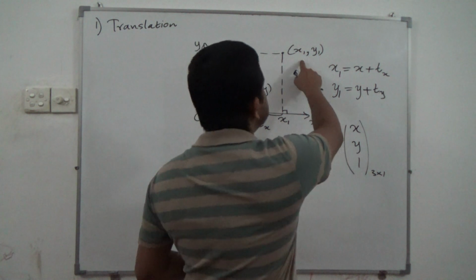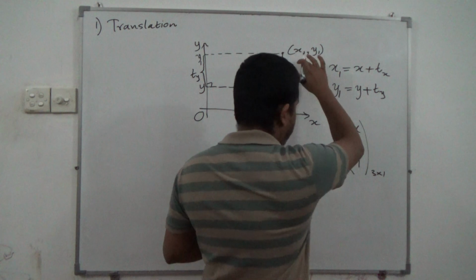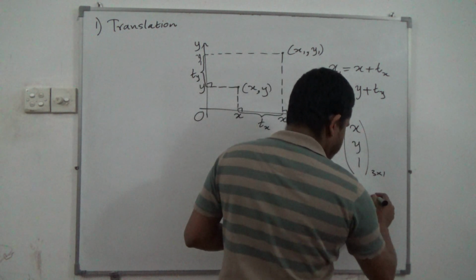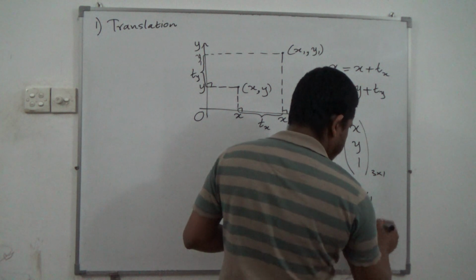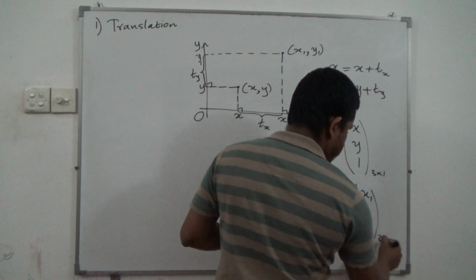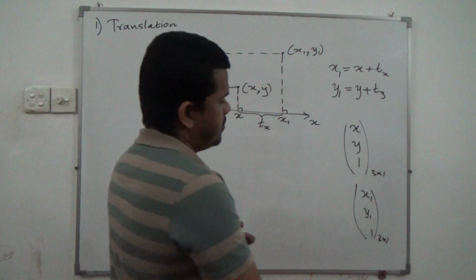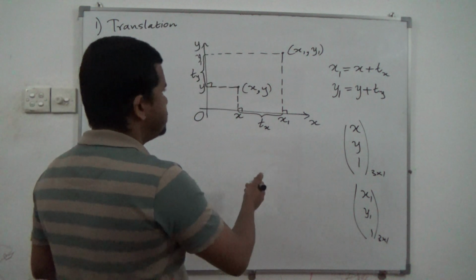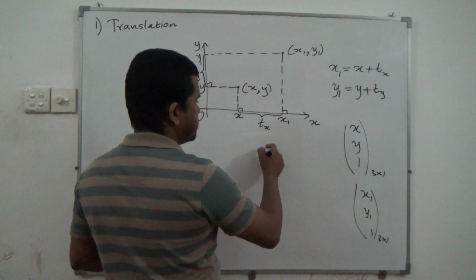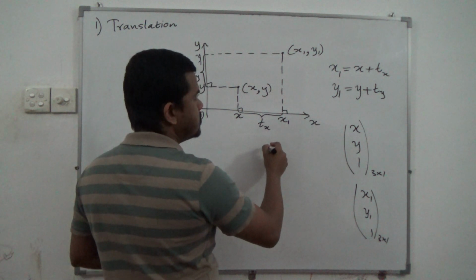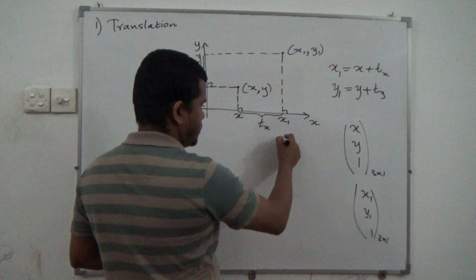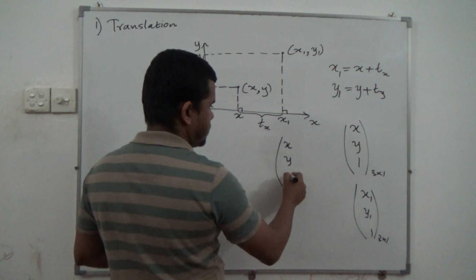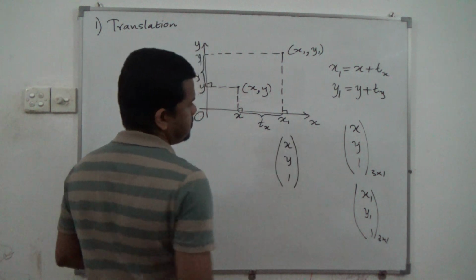And then this coordinate, we can write down as y1, 1, 3 cross 1. So now we have x1, 1.